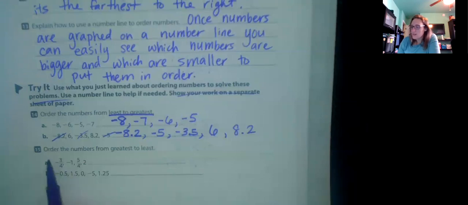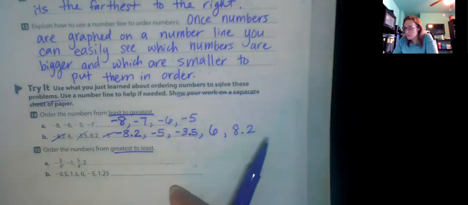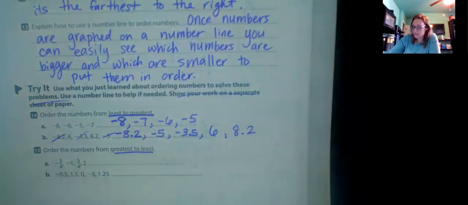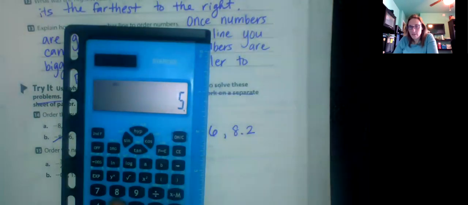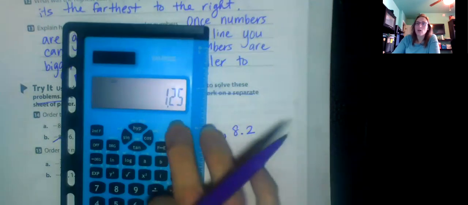Now it says to order them from greatest to least. So now we want the bigger number first. We have negatives, so we don't want those first. We have two positives, 5/4 and 2. If you do not know what 5/4 is, use a calculator. 5 divided by 4 equals 1.25, so it's like $1.25.